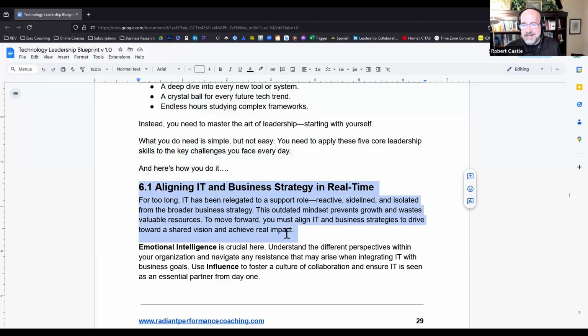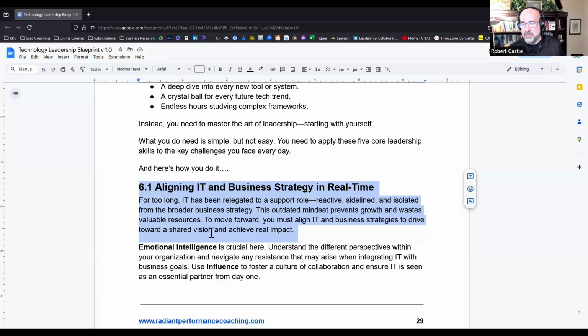For too long, IT has been relegated to a support role, reactive, sidelined, and isolated from the broader business strategy. This outdated mindset prevents growth and wastes valuable resources. To move forward, you must align IT and business strategies to drive towards a shared vision and achieve real impact.